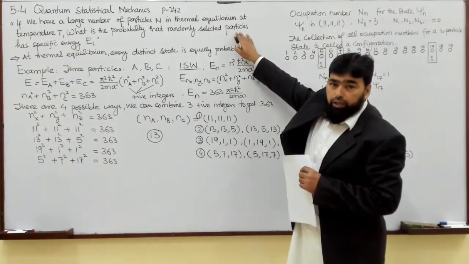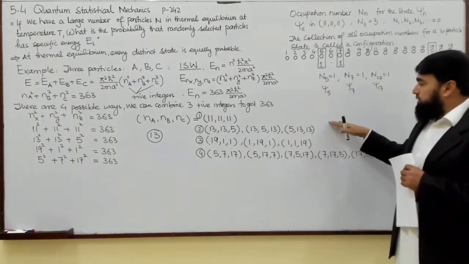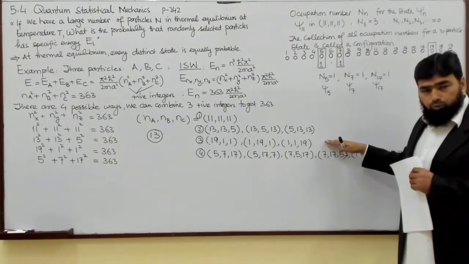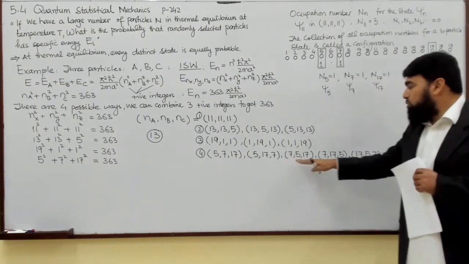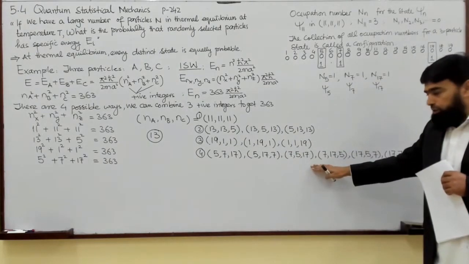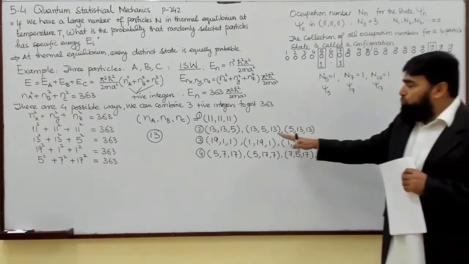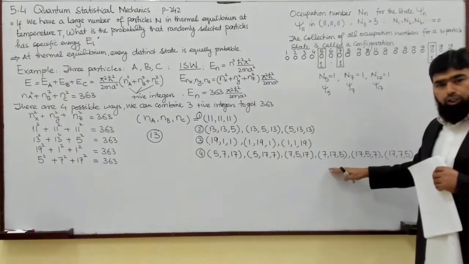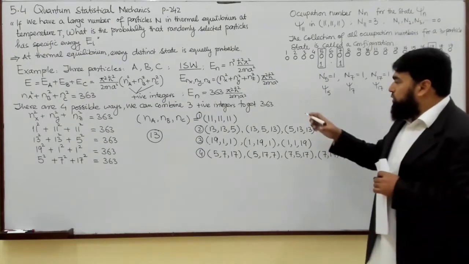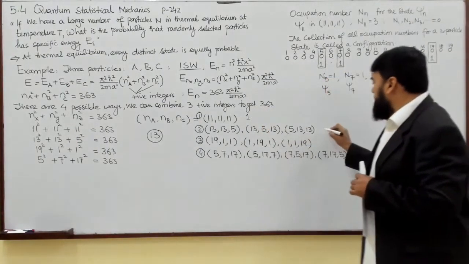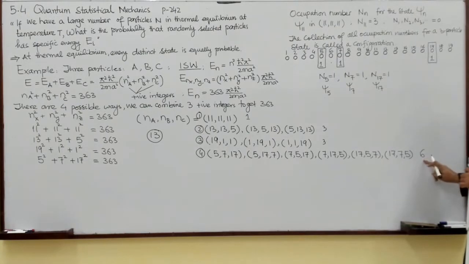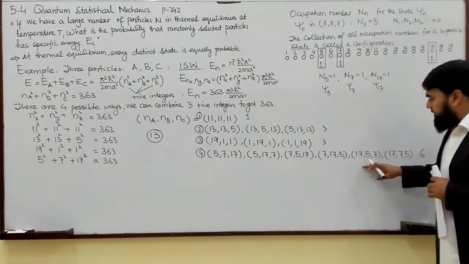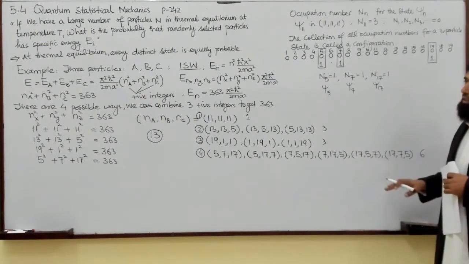Out of these 4 configurations, we see that the 4th configuration is the most probable, because the number of ways to have this configuration is more. There is 1 way here, 3 ways here, 3 ways here, and 6 ways here. So I will say that this is the most probable configuration in this system.